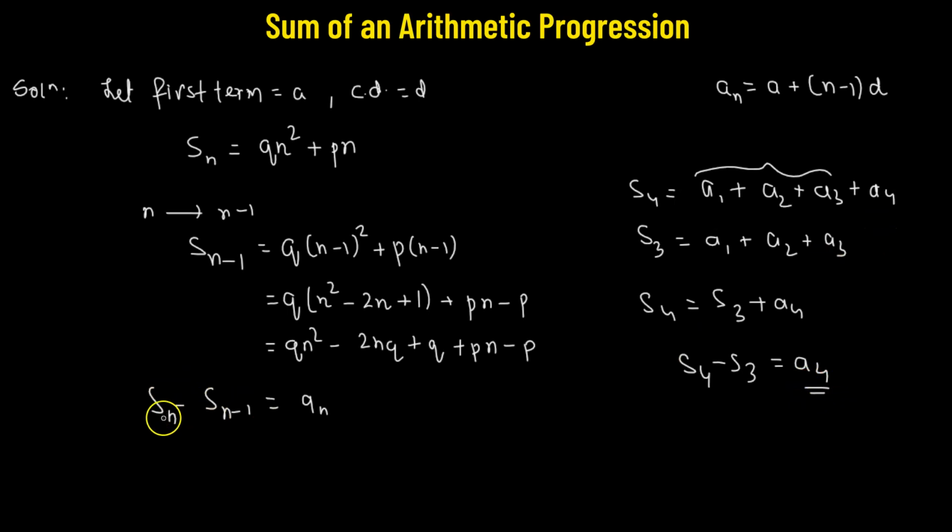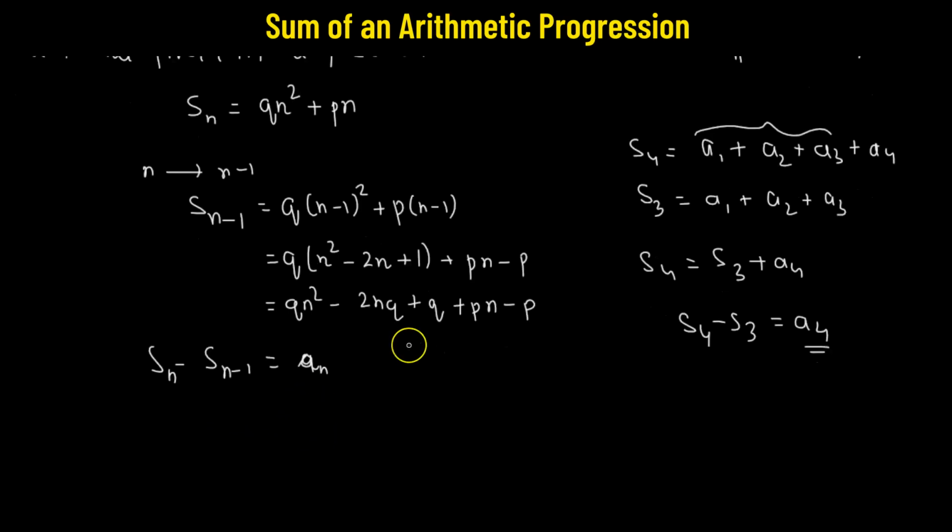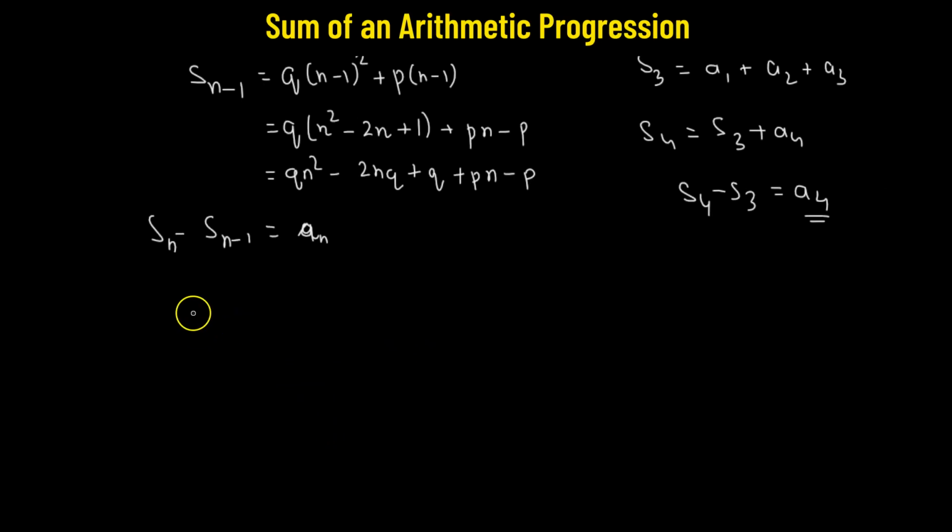So we consider the sum up to the nth term, and from it we are subtracting the sum up to the n minus 1 terms, and on doing that we obtain the nth term. Fine. So we are already provided with the value of Sn. Sn is given as qn squared plus p times n. From it we are going to subtract the sum up to the n minus 1 terms, which is this particular expression.